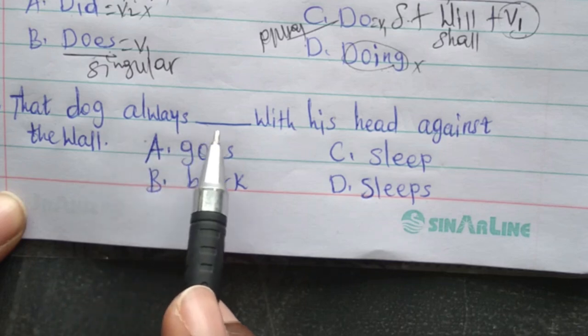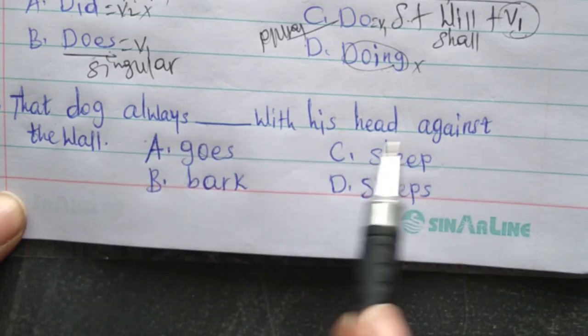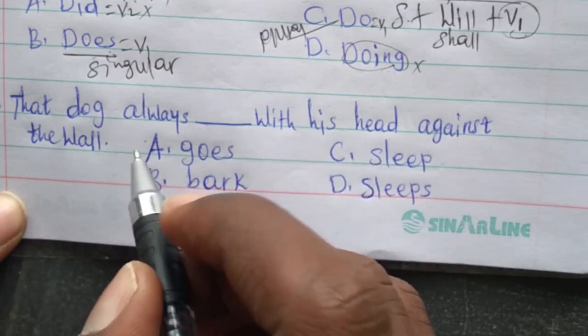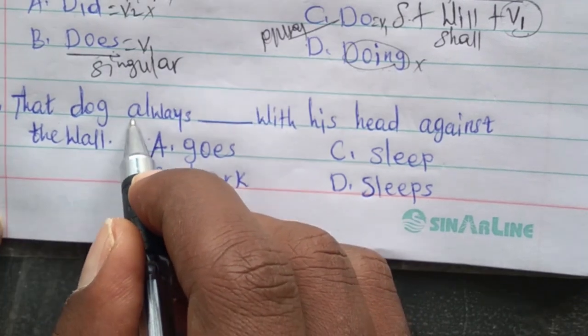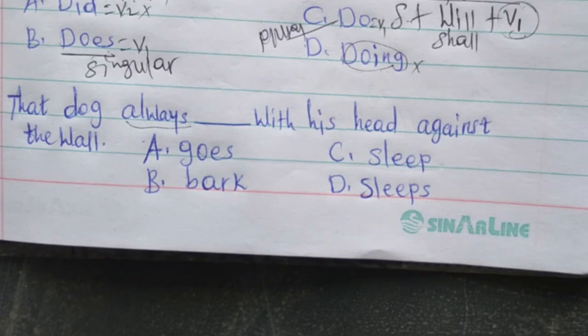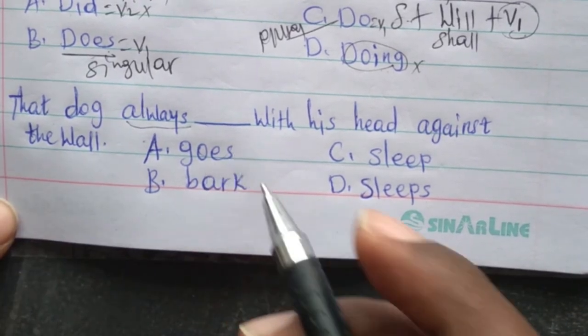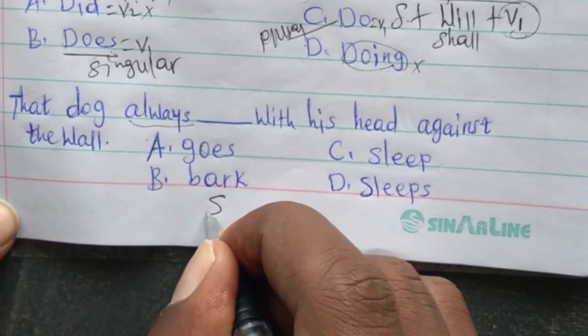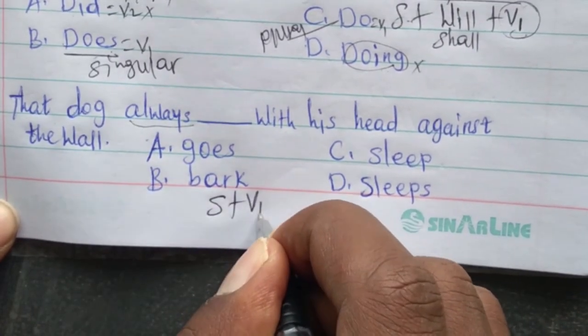That dog always blank with his head against the wall. So here we said that always is an adverb of frequency to show that the action happens every time or frequently. So the type of the tense that we are going to use here is simple present tense, which is subject plus verb 1.